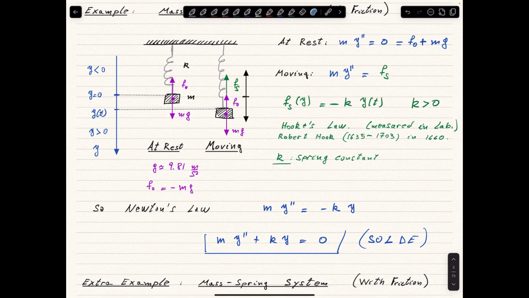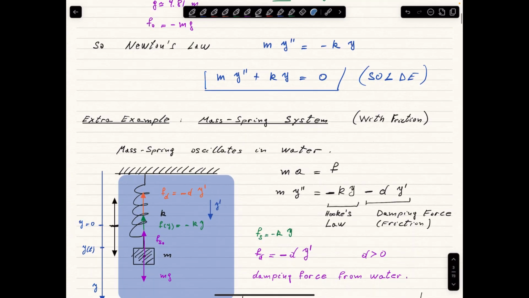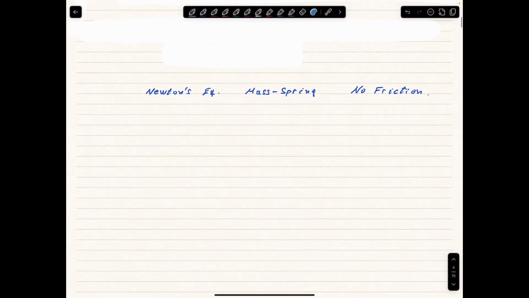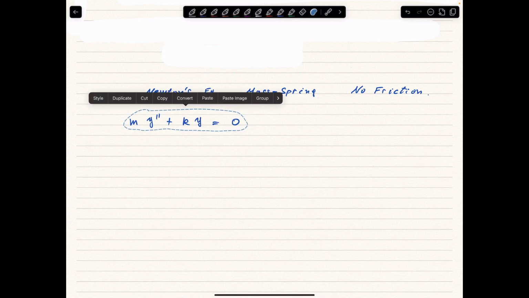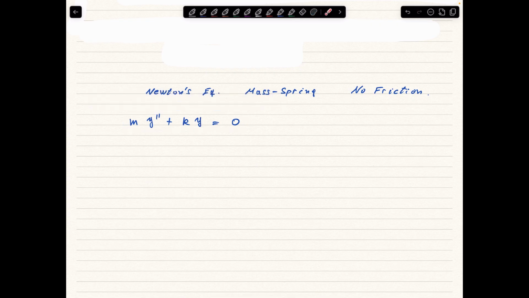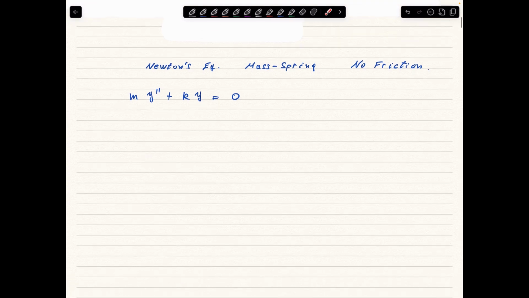So this is the equation, a copy of the mass spring system oscillating without friction. So the spring has to move in a way that the function y of t is a solution of this equation. So what are we going to do now?